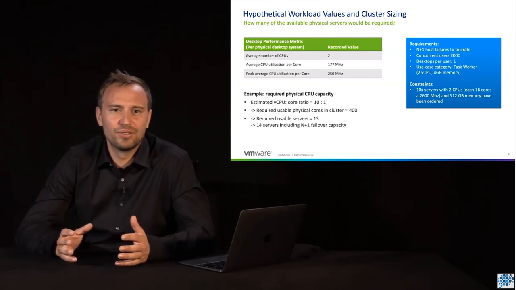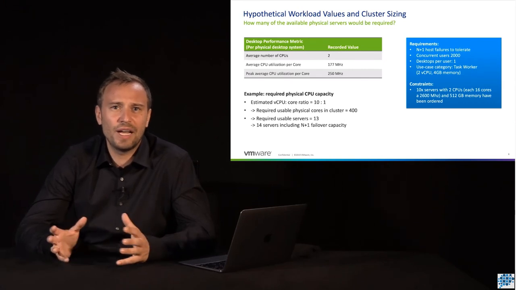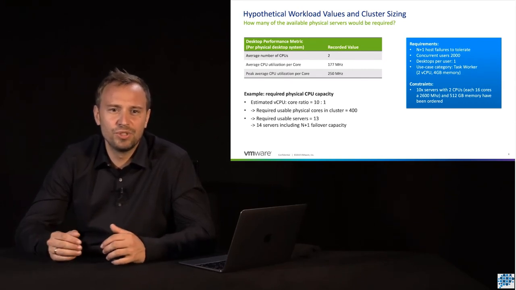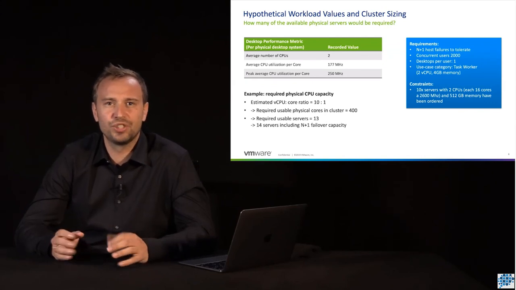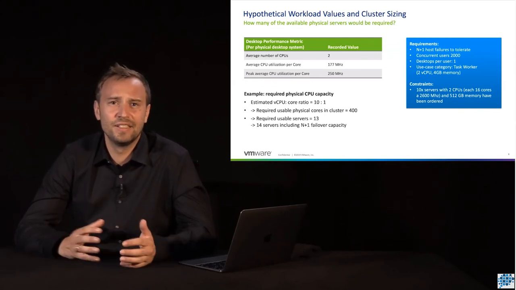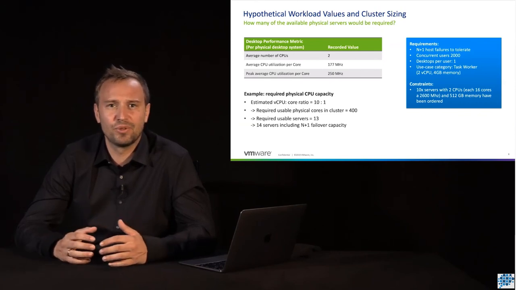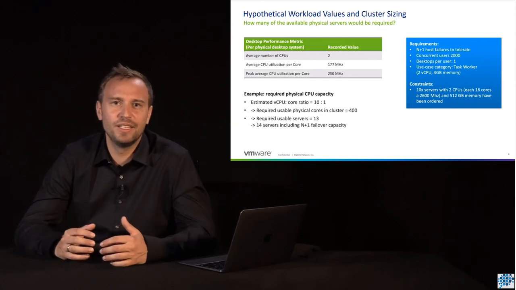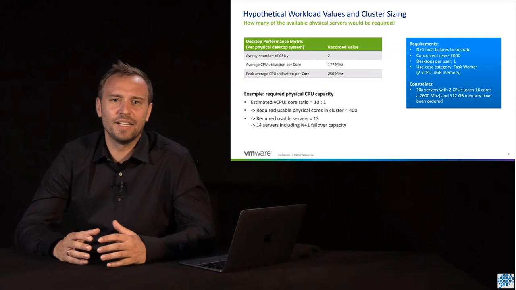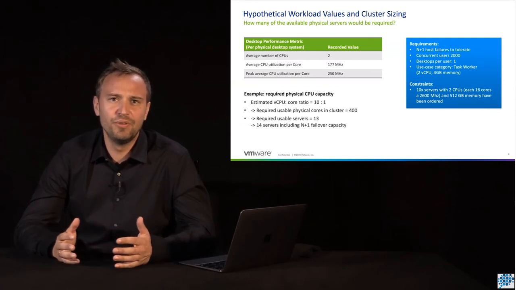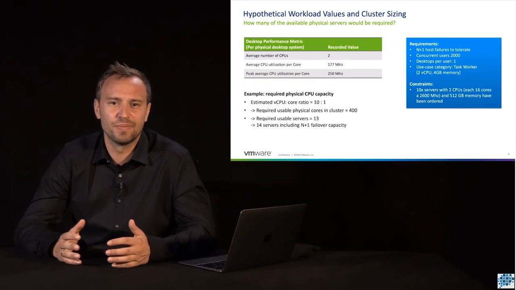We might migrate to a new software distribution method or a new antivirus solution that requires more CPU cycles, which will change the vCPU to core ratio in our environment and might suddenly require many more physical servers than we planned upfront. So that is something we definitely need to iteratively analyze all the time. We can use vRealize Operations for that, to always have a good capacity planning mechanism in place.